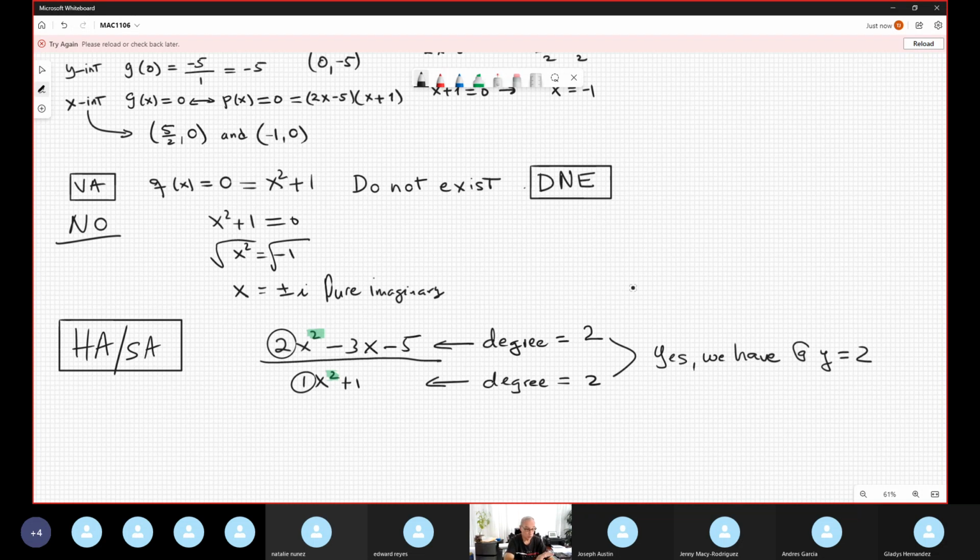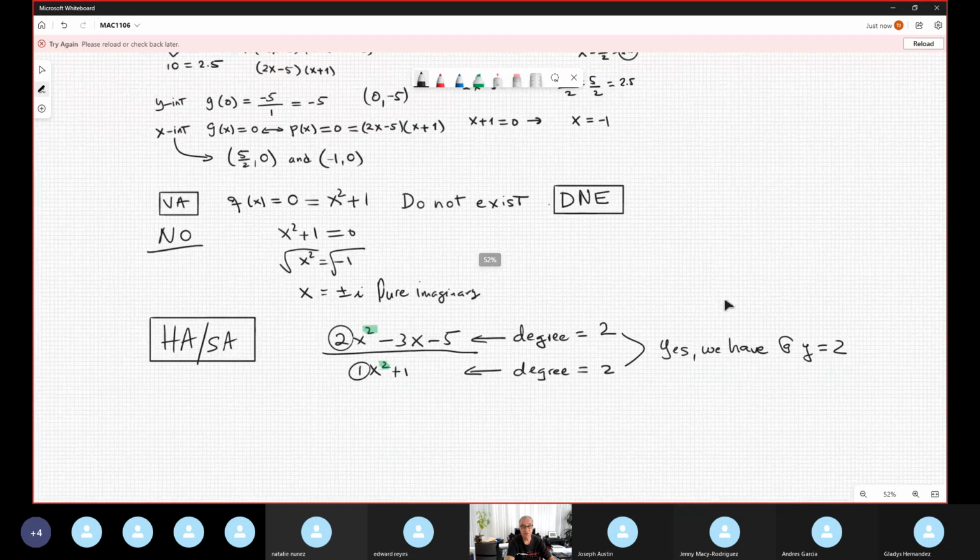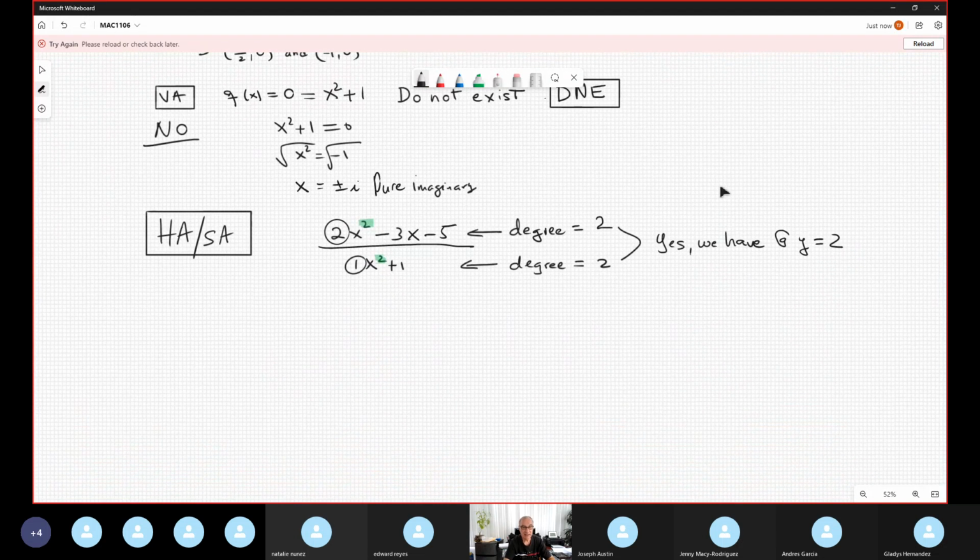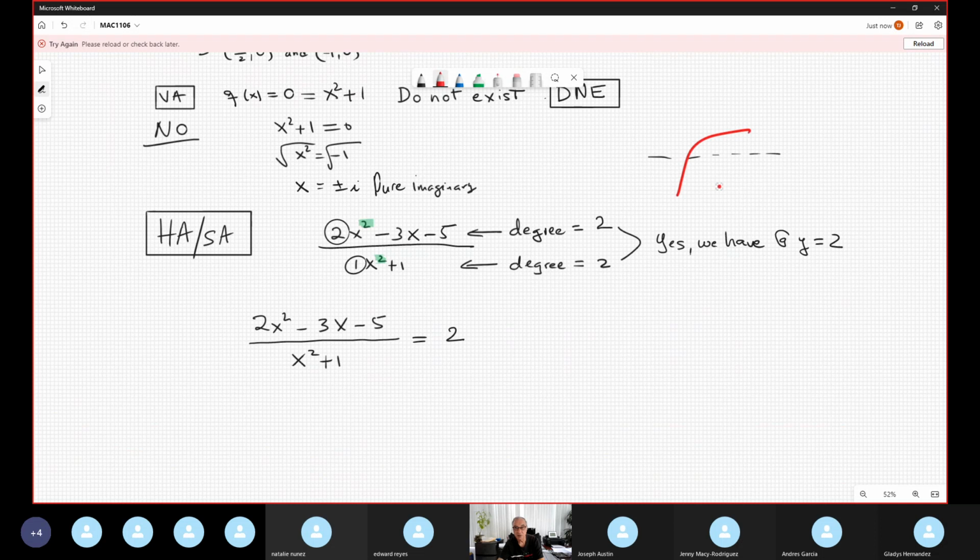And that's it? No. You can never forget to investigate whether our function crosses this asymptote or not. This is the asymptote, and maybe our curve looks like that, crossing in only one point and then approaching asymptotically.